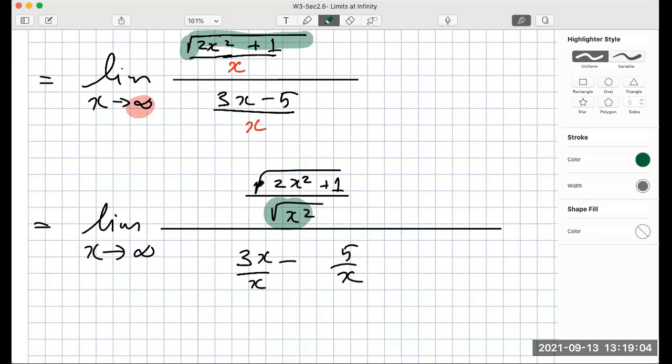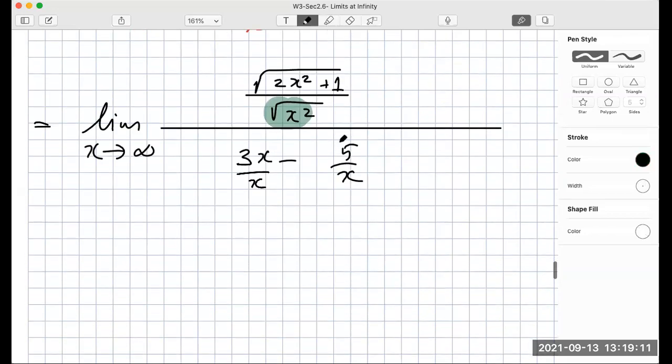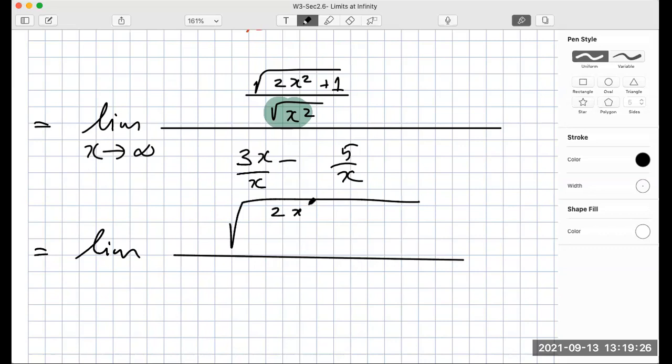If we replace x by this guy, then we may be able to cancel them. Since by the radical properties, square root of something divided by square root of something is the square root of the fraction, which is 2x squared plus 1 divided by x squared. Okay?